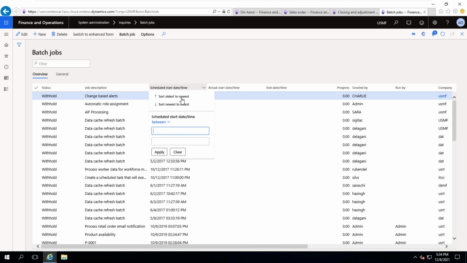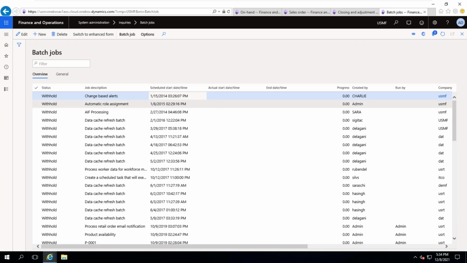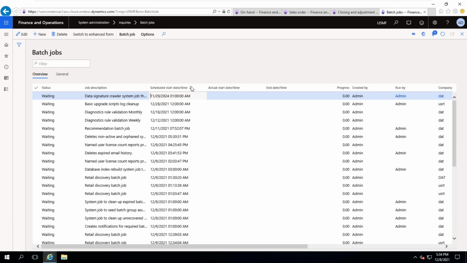Let me filter by the latest date. Okay, here there will be recalculation. One is inventory related and one is recalculation. Let me filter by this USMF company.